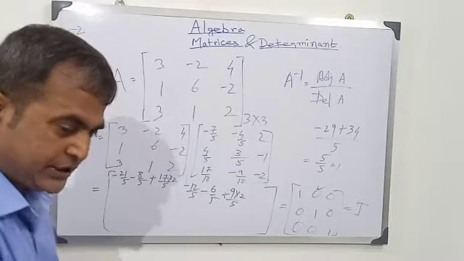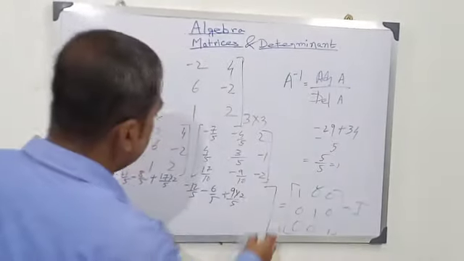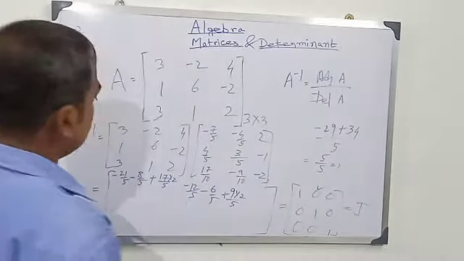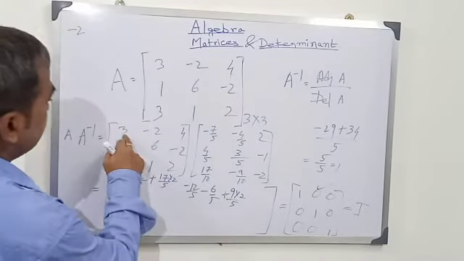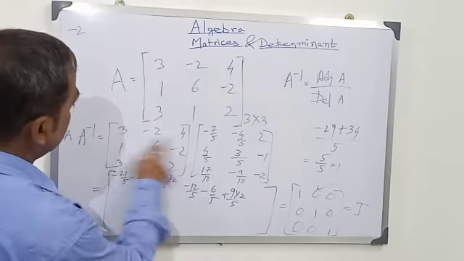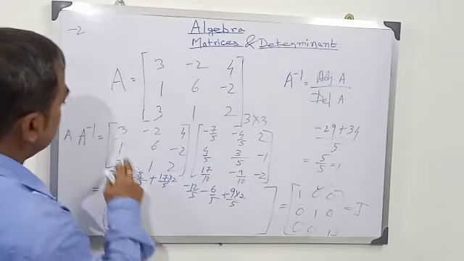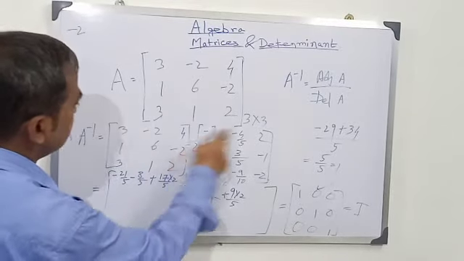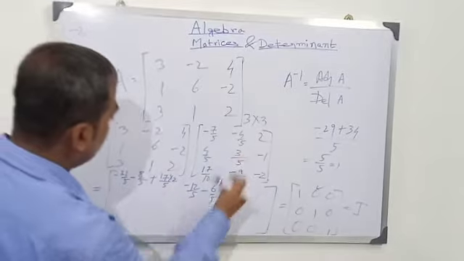Let us check for the third element. This into this and this. 3 into 2, 6.